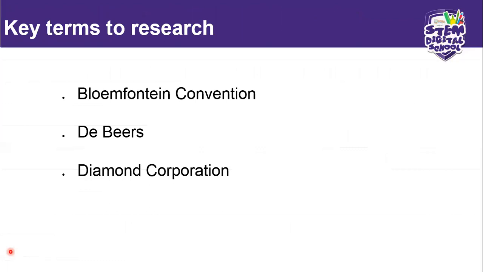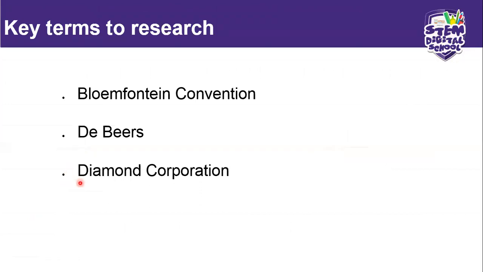And then I want you to research the following key terms. Bloemfontein Convention. Just research, you should know about it, it's very important. What was the Bloemfontein Convention? De Beers, what is De Beers?